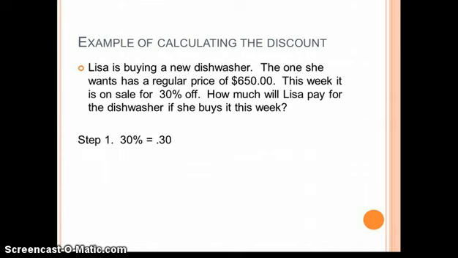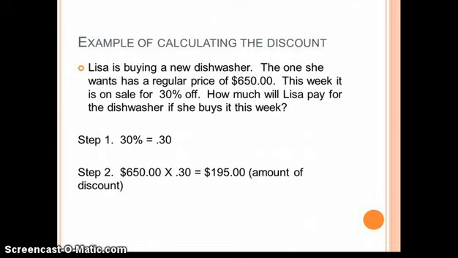If you're doing this in a calculator, remember you might just see 0.3. The calculator will drop off the insignificant 0. Okay, step 2. You're going to multiply 30% as a decimal by the original price of the dishwasher, which was $650. This will tell you the amount of discount.